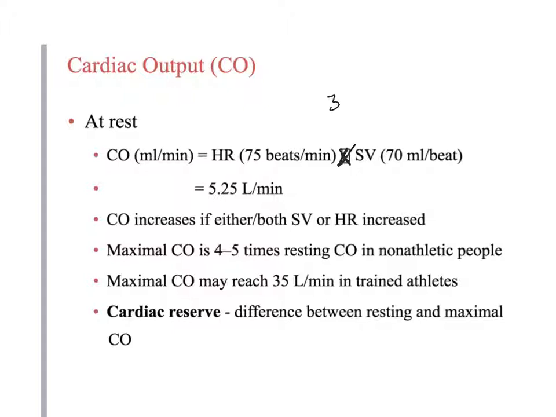So 35,000, right? What would say a trained athlete heart rate is, probably, let's say just 100 beats per minute, just to make it easy. So what would their stroke volume be? 350, right? 350. That's about 5 to 7 times more than normal at rest. Okay?